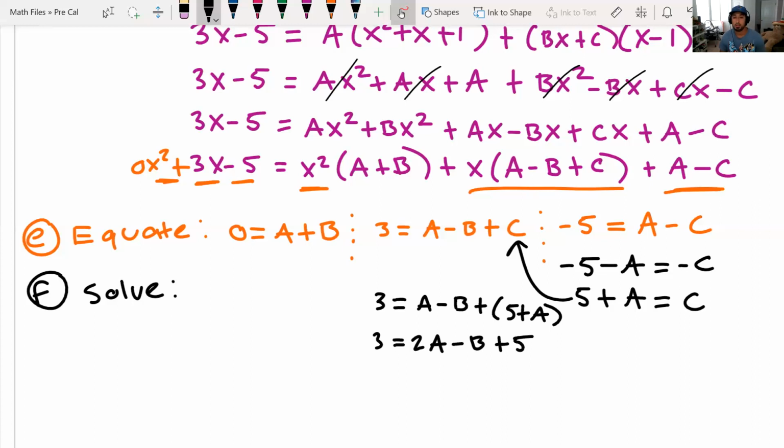Then I move this 5 to the 3, and we get another equation in terms of a and b. Moving that 5 over, I get -2 equals 2a minus b. Then I'm going to set up a system, putting this equation with that equation.